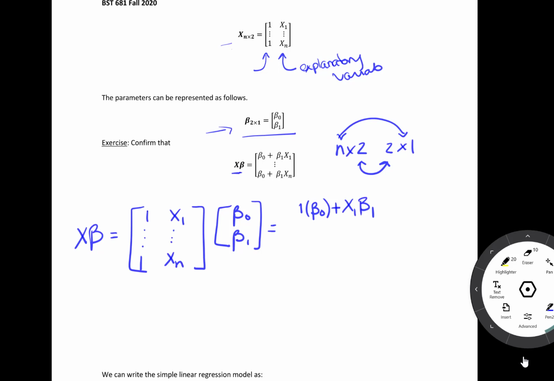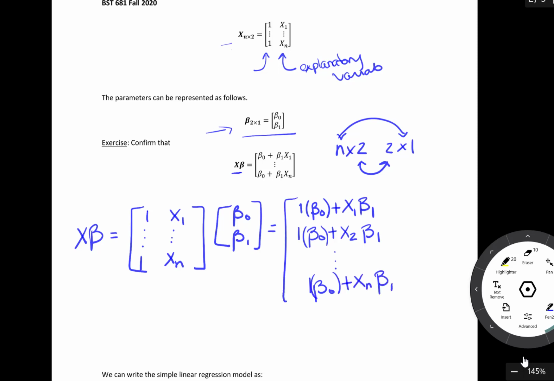And then when we multiply the parameter matrix by the second row of the X matrix, again, we're going to have 1 times beta naught plus x2 times beta 1. And we would keep on going all the way down to the nth row. And notice that gives us this matrix right here.